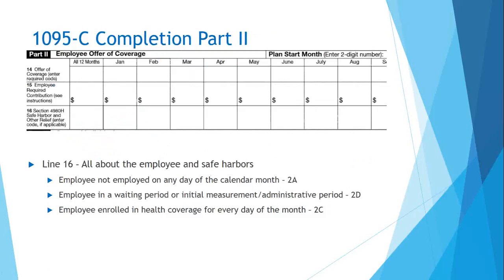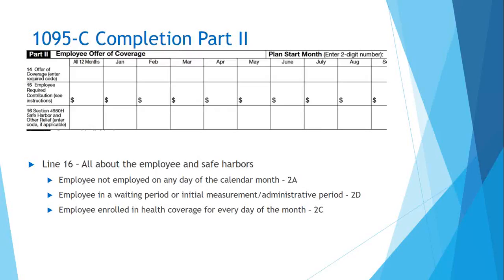So line 16 is all about the employee's enrollment and safe harbors. If an employee is not employed on any day of the calendar month, you're going to use code 2A. So if an employee started in April, their line 16 code will be 2A for January, February, and March.